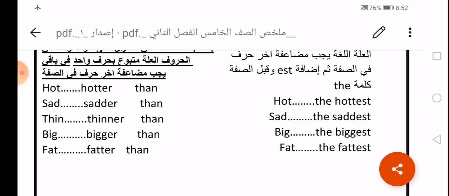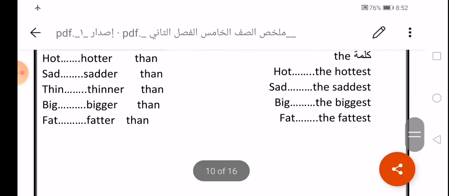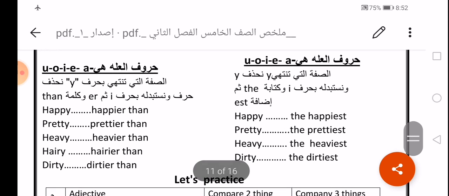Ibrahim is the thinnest. Salim is fat. Mustafa is fatter than Salim. Abdullah is the fattest. Okay? This is for the hottest, saddest, biggest, fattest. This is for the last things. It is called superlative.